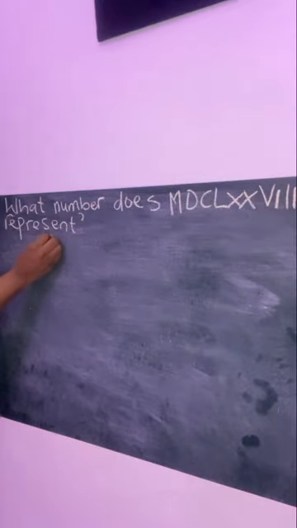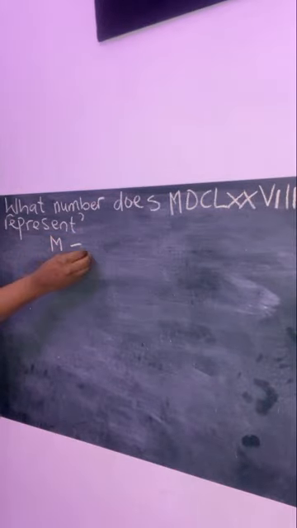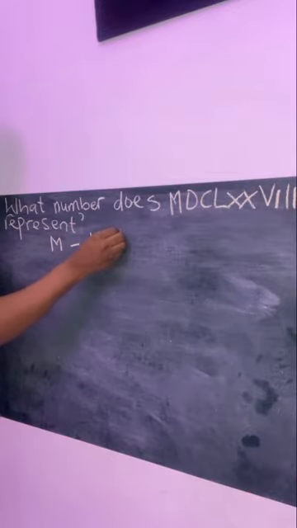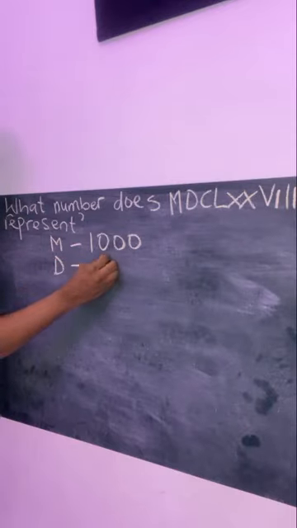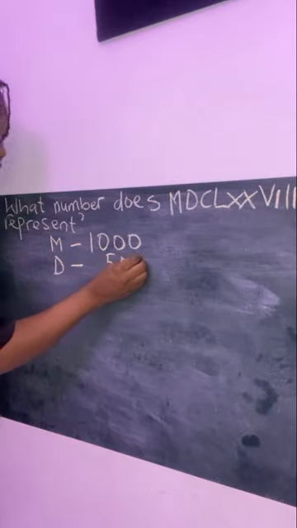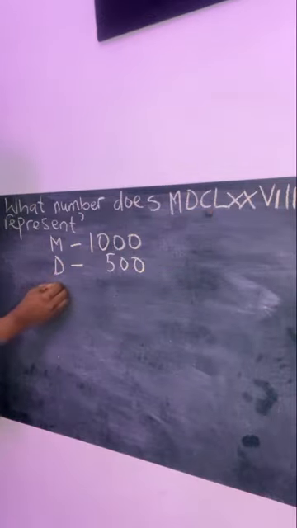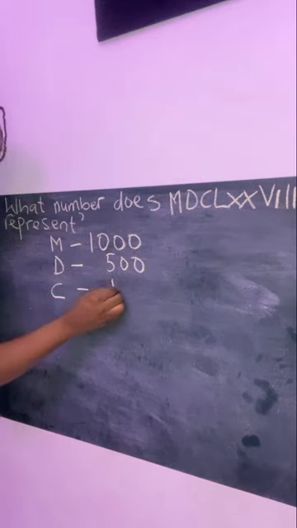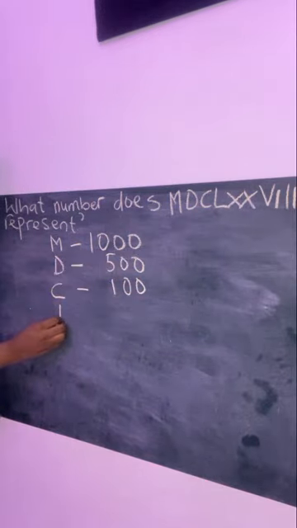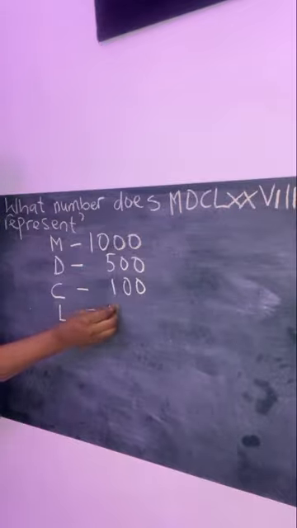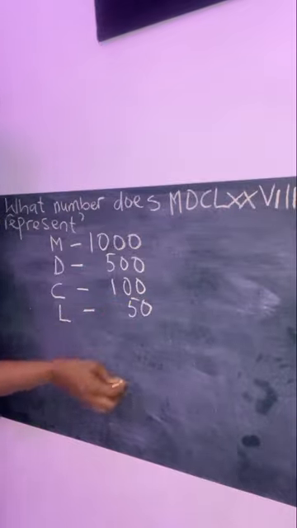Let's go about it this way. Let's make them singlet. Our M is what? M stands for 1000. D stands for what? 500. Then we have our C. C stands for 100. Then we have our L. Our L is 50.